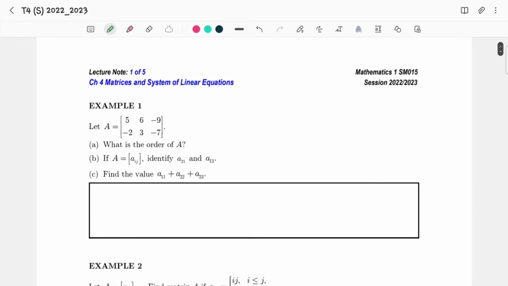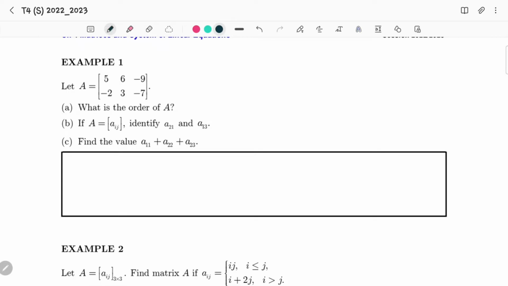Example 1, let A equal 5, 6, -9, -2, 3, 7. What is the order of A? So you have to take a look at the matrix and count the columns and then the rows as well. We have 2 rows, 1, 2.